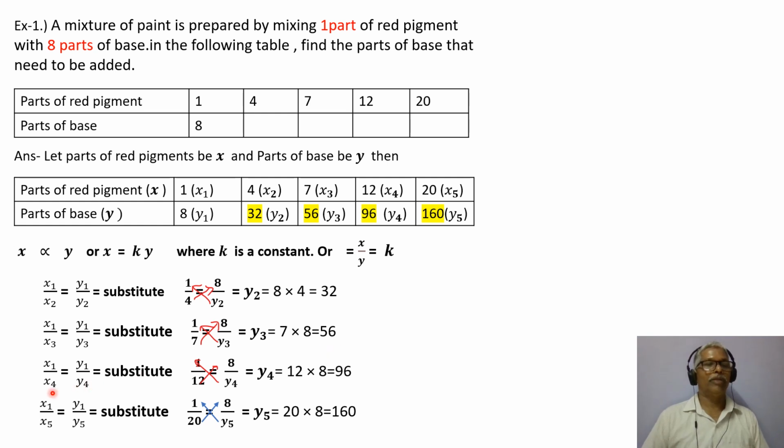Similarly, x1 upon x4, this is here, 12 into 8 is 96, and for 20 it is 160. Go through it, learn it, and have some exercise and think over it. So this is an example of a direct proportion, and part of this problem is tackled in the next slide, which is very interesting.